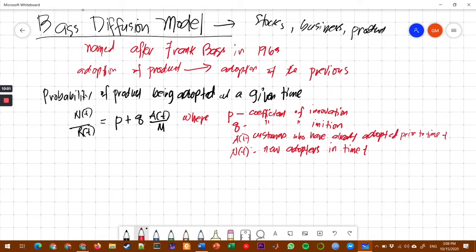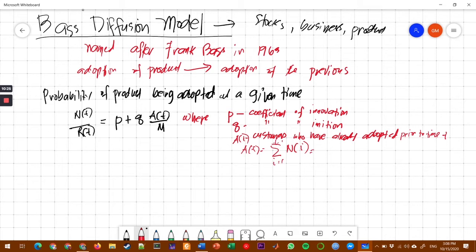So A can actually be written as the summation of n of i, where i runs from 1 up to t minus 1.